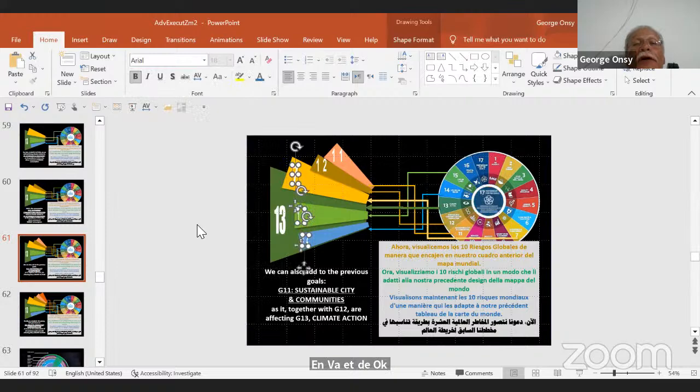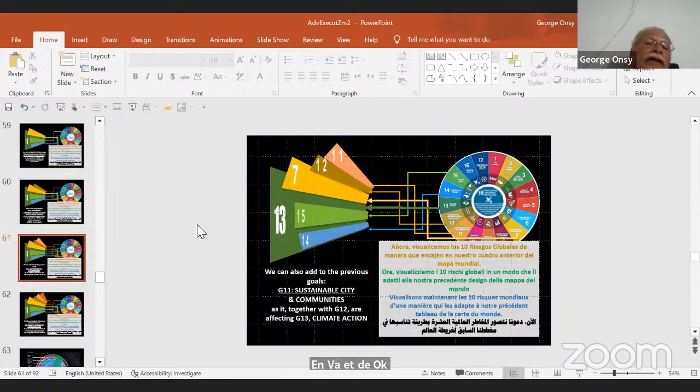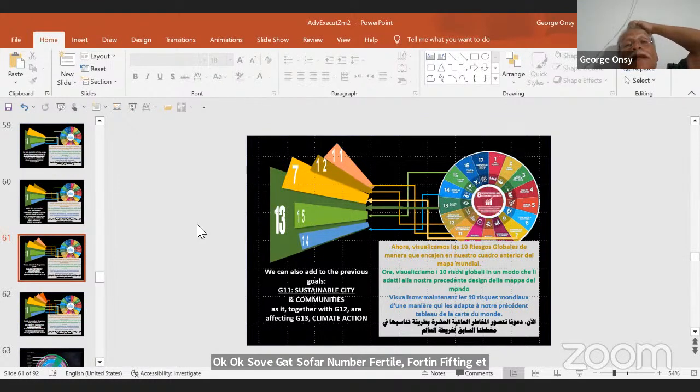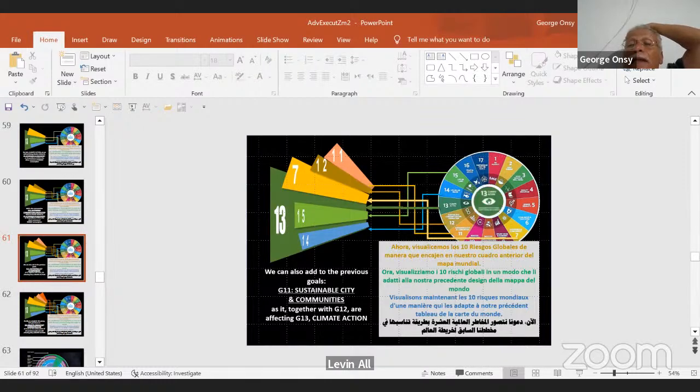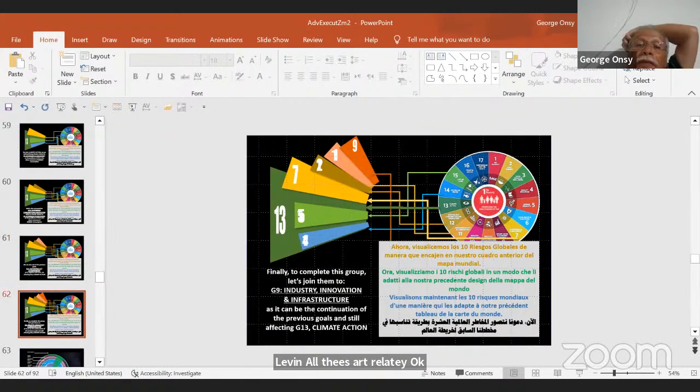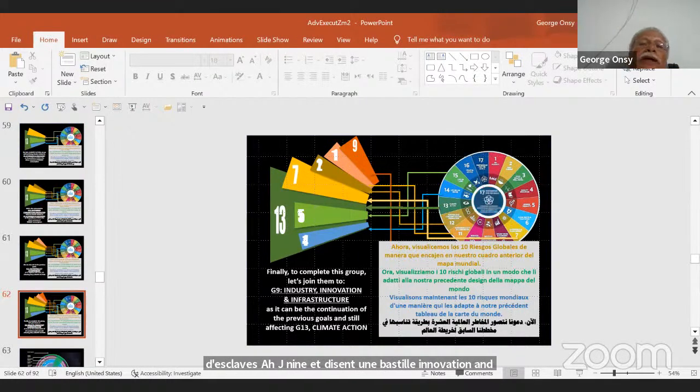Okay. So we got so far number 13, including 14 and 15, and then 7 related to 12 and 11. All these are related. Then we add number 9 to complete this group. G9 is industry, innovation, and infrastructure. It's good to have innovation to solve problems.